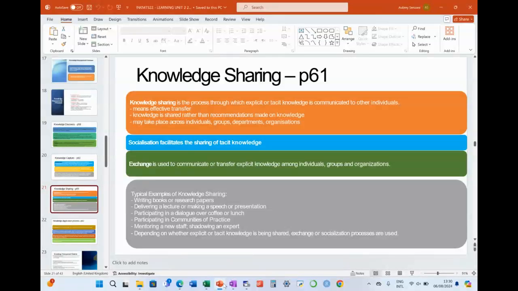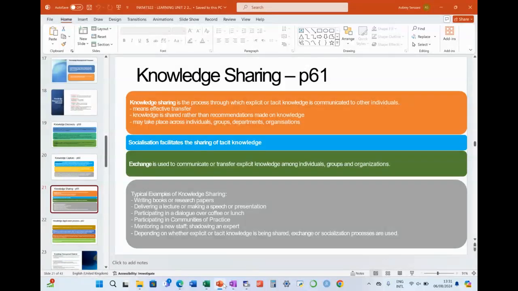The next one is knowledge sharing. I think we've spoken quite a bit to this as well. It's the process through which explicit and tacit knowledge is communicated to other individuals. You can see socialization facilitates the sharing of tacit knowledge, and then exchange is used to communicate or transfer explicit knowledge.